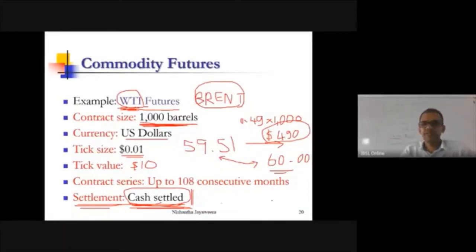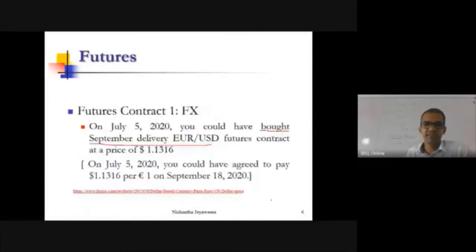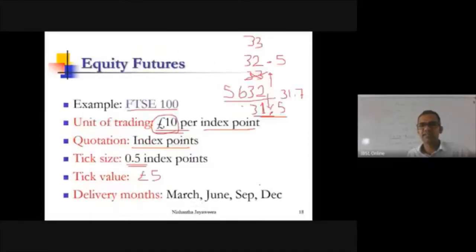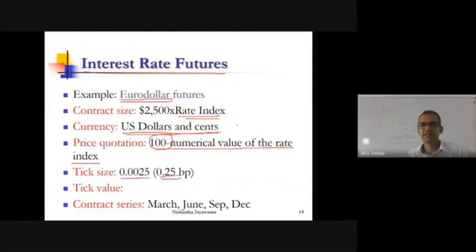So we'll stop here. Again, I request you to visit this website that I have given here and go through the specification of each and every contract. Get some idea about these terms: contract price, contract size, currency, minimum tick size, tick value, and in some contracts there's an index point, index rate.